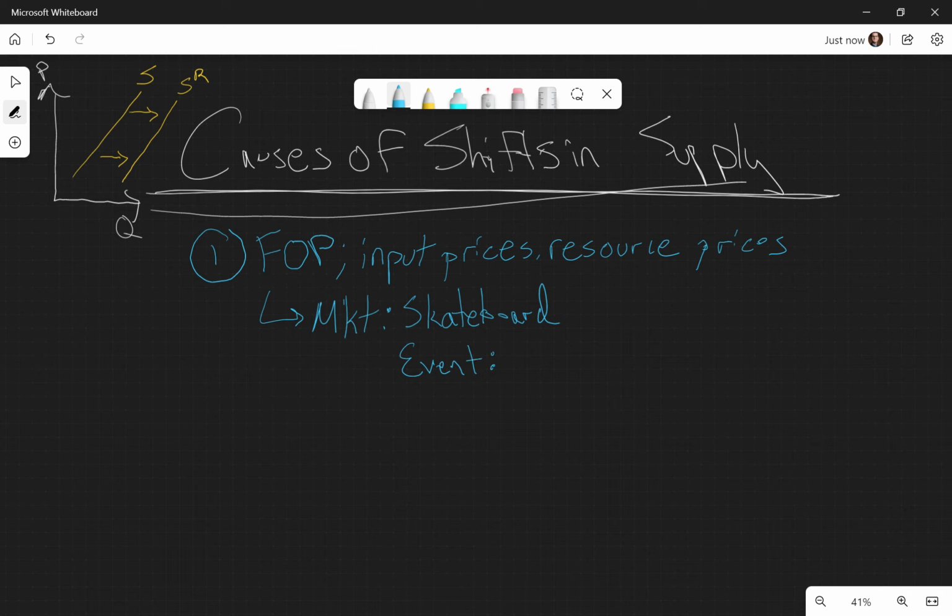One of the main inputs in skateboards for the last 35, 40 years now has been fiberglass. So if the price of fiberglass decreases, that's going to cause my supply to shift to the right.